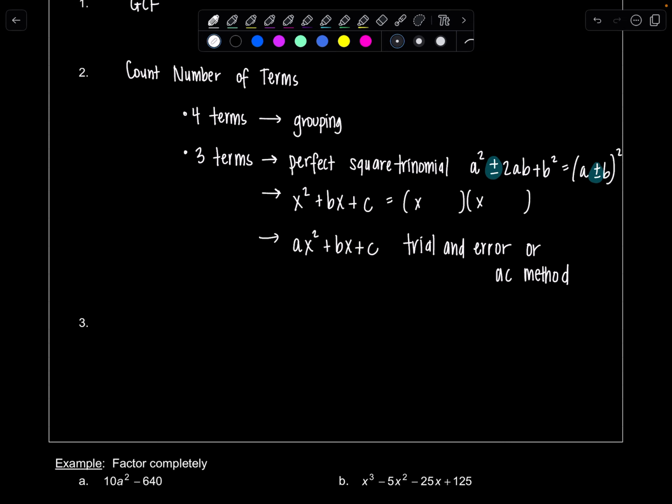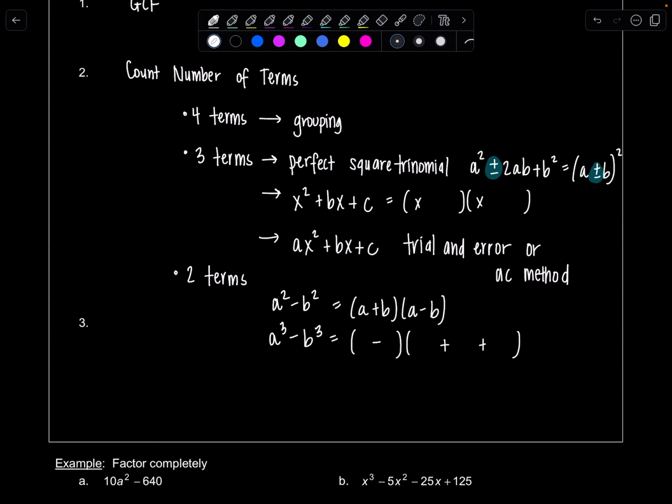Other case now is if you have 2 terms that you need to factor. So let's review. If you have a difference of squares, a squared minus b squared, it's going to factor into a plus b times a minus b, conjugate pairs. If you have a difference of cubes, I shared with you the mnemonic to remember the signs. So same, opposite, always positive.